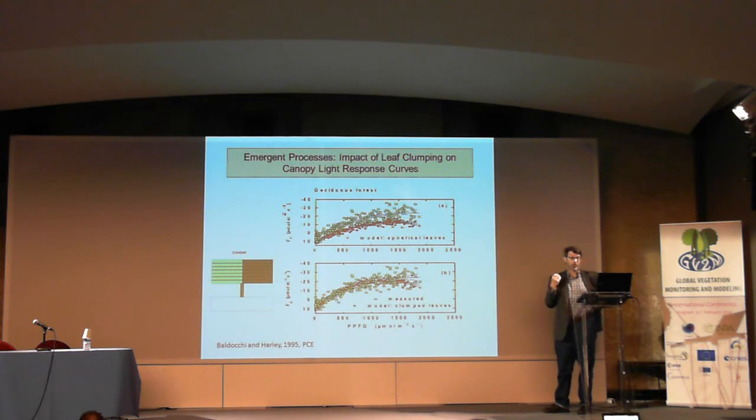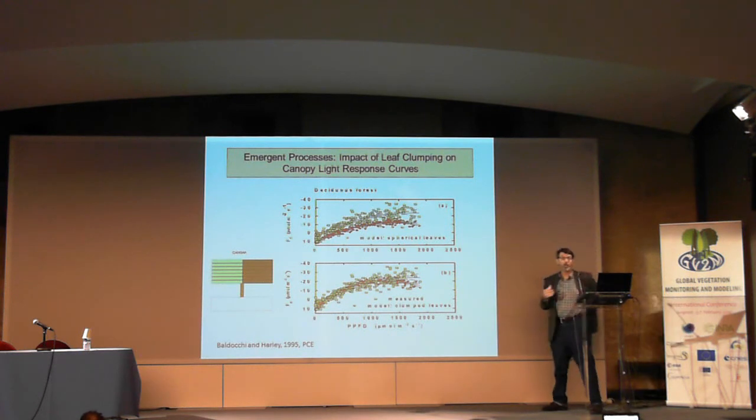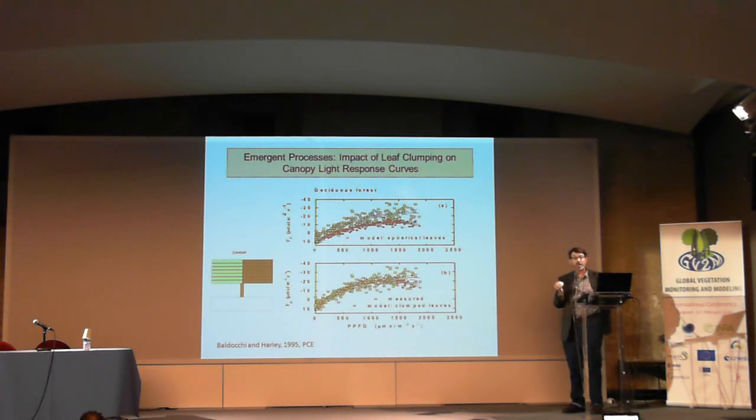But why is clumping important? Well, totally independent tests of upscaling models find that if we just use a turbid medium model that assumes the leaves are randomly distributed, there's a terrible comparison between CO2 fluxes and what we measured. When we actually had independent measurements of clumping and put them in the models, they match.